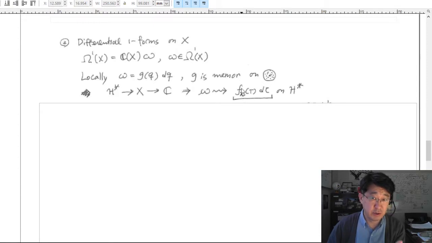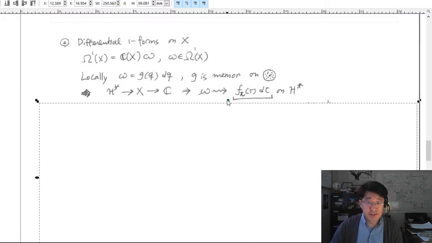I'm going to denote it by f subscript 2 of tau d tau. The tau is in the upper half plane, so it creates this differential form on the upper half plane H. And I'll explain later where the 2, not 1, is coming from. So I'm not going to go through the same type of discussion.